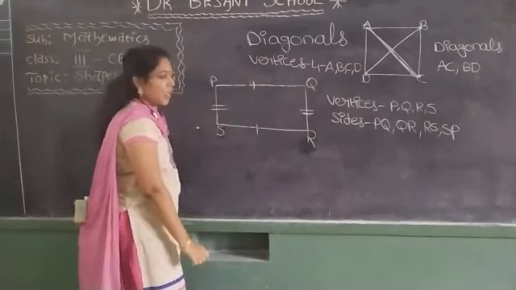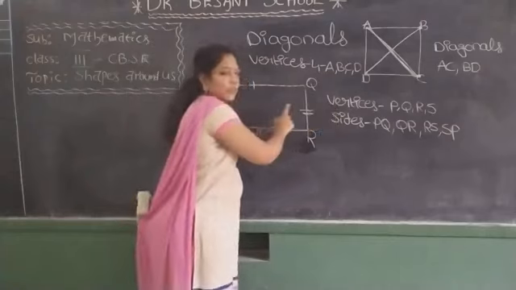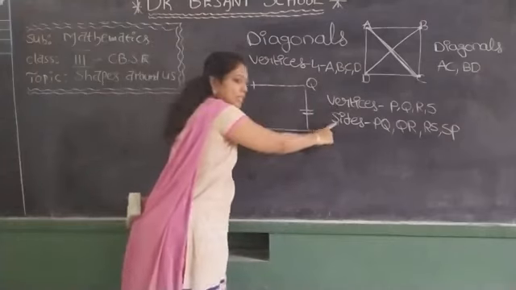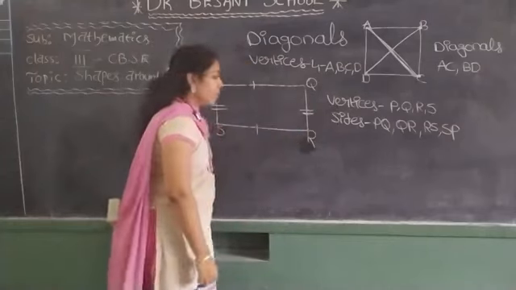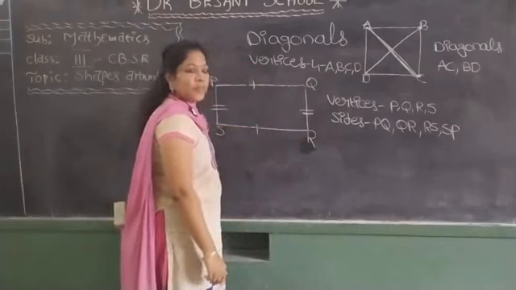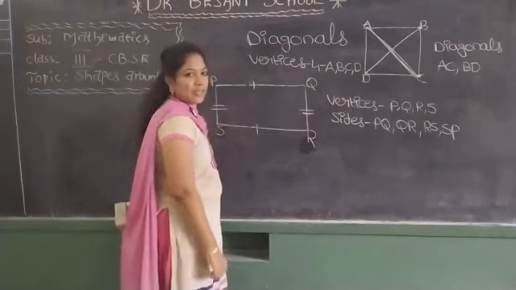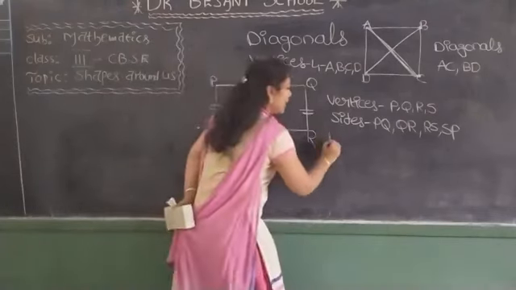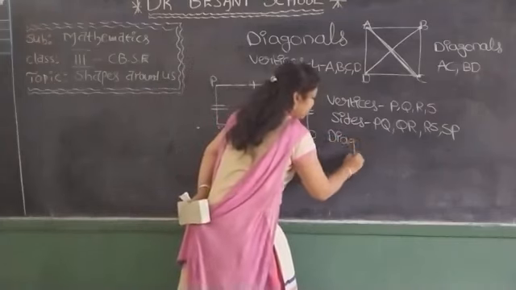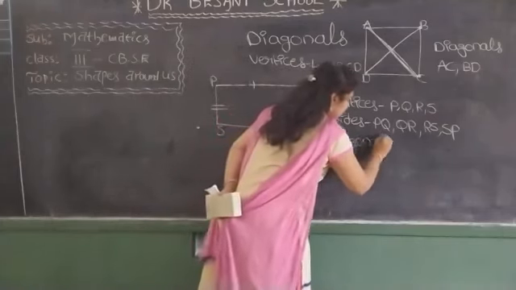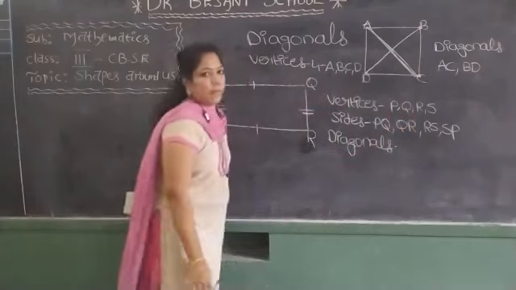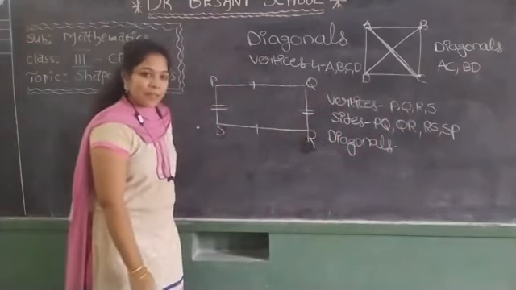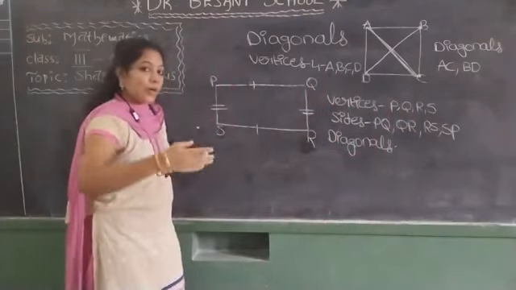Okay, children. Now, vertices are over for this rectangle, and sides are also over. Now, what's the next one? Good children, diagonals. Now, coming to diagonals. What is a diagonal? Say loudly.